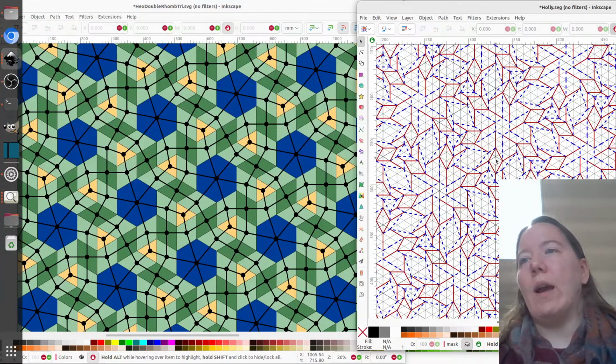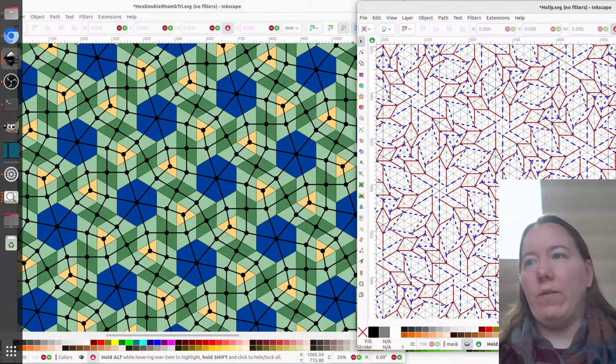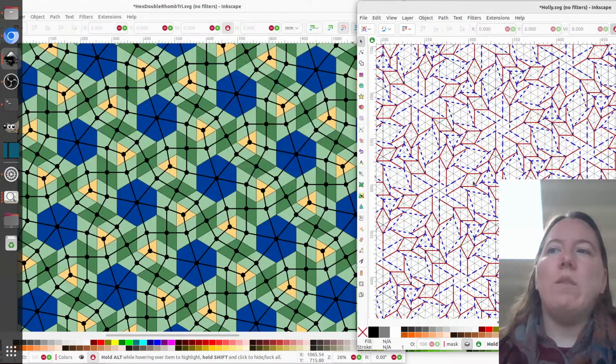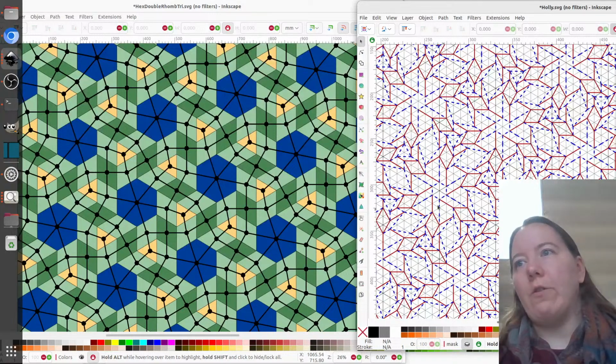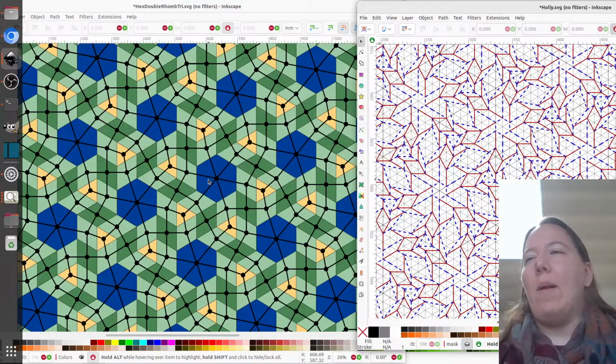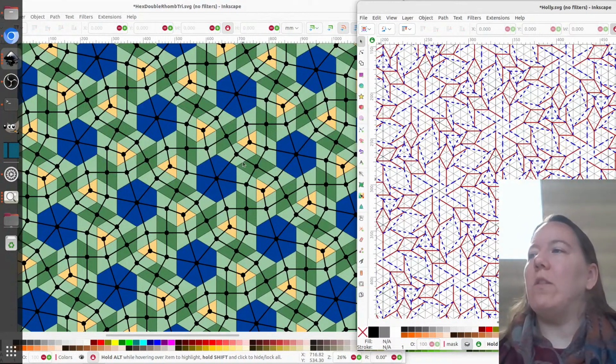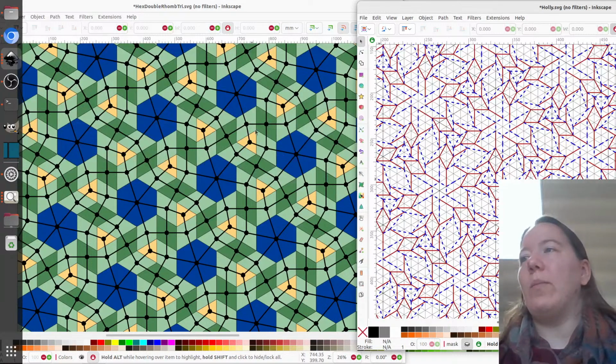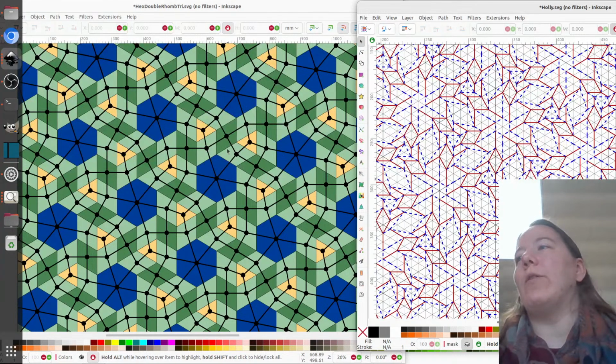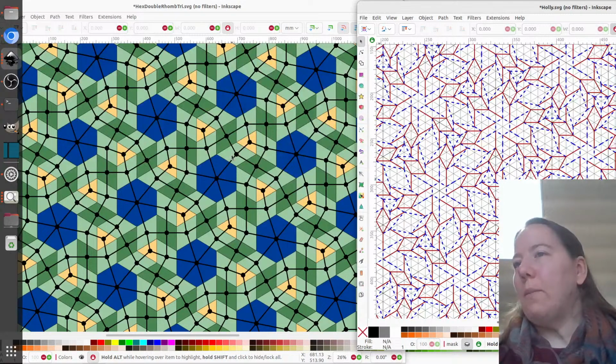The triangle is acting as a position of 3-fold rotational symmetry. We see the same thing on 3 different sides of it. And of course, the hexagon is a position of 6-fold rotational symmetry. So those characteristics match what we see in the tiling. The hexagon's a position of 6-fold rotational symmetry, the triangle's a position of 3-fold rotational symmetry, the rhombus is a position of 2-fold rotational symmetry, and then there's that other rhombus.